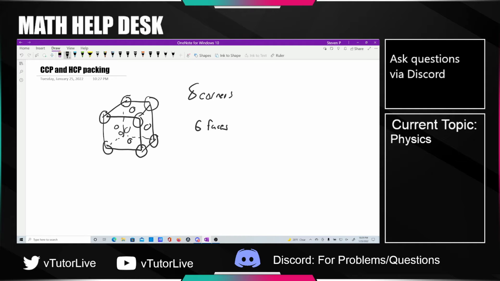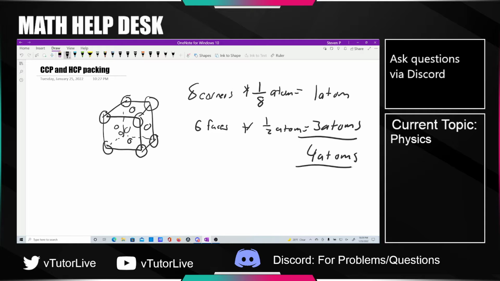The corners are each worth an eighth of an atom, so the total contribution per cube is going to be exactly 1 atom. And with the faces, each face is worth half an atom, so this contribution is 3 atoms. So there's basically going to be 4 atoms.